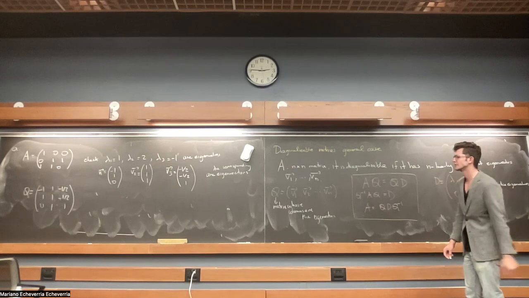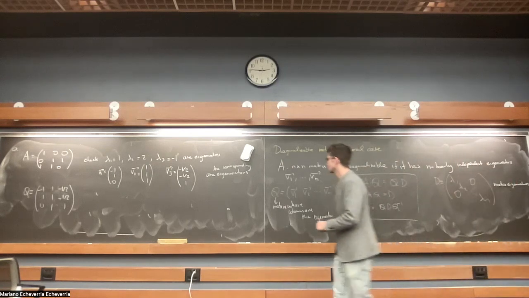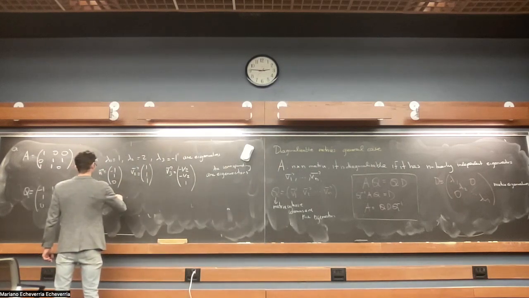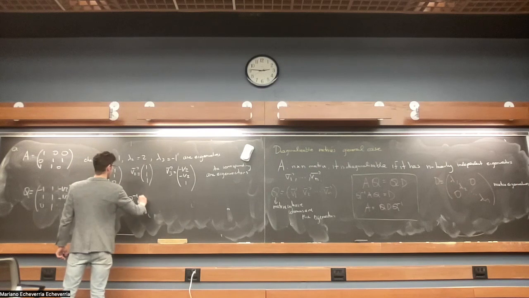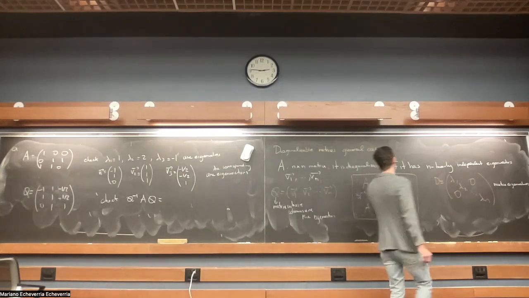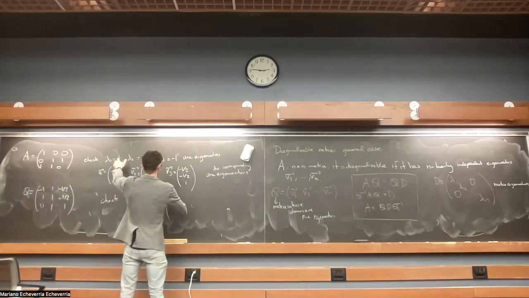I didn't write the inverse in the notes, but you can find the inverse of this matrix, and then you can check that when you do Q inverse times A times Q, you would find the diagonal matrix, and it would just be these eigenvalues, 1, 2, -1.